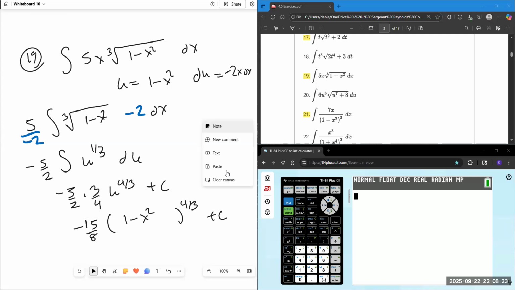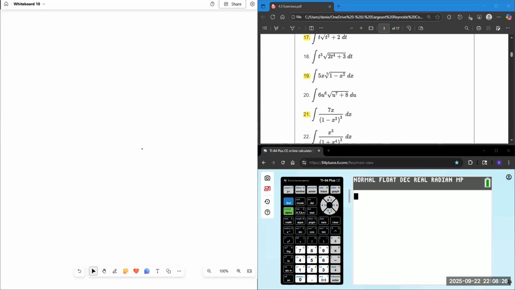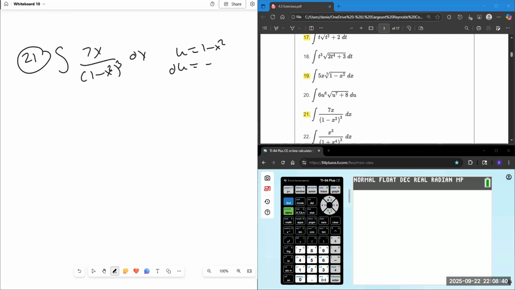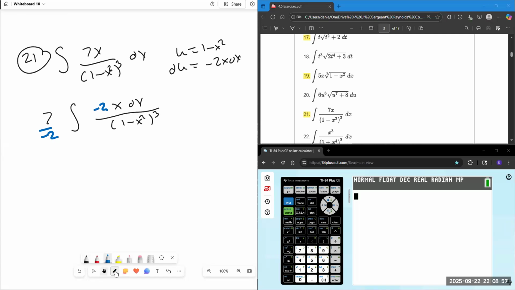All right, let's look at 21. 21 says 7x over 1 minus x squared to the third dx. Inner function u is 1 minus x squared. Du is a negative 2x dx. 7 is not helpful. X dx over 1 minus x squared cubed. Negative 2 divided by negative 2.